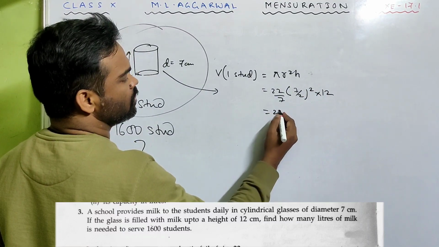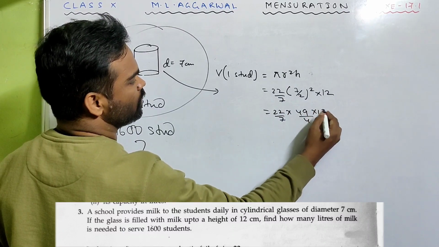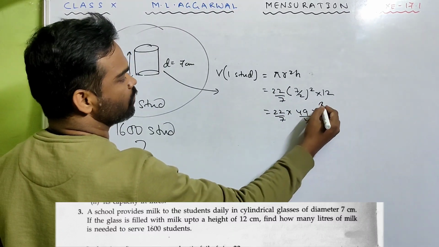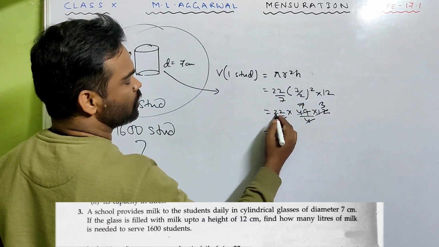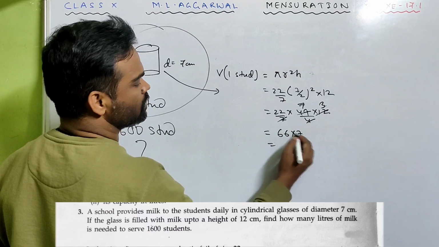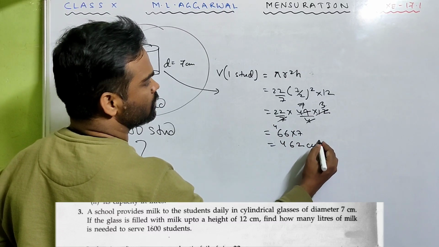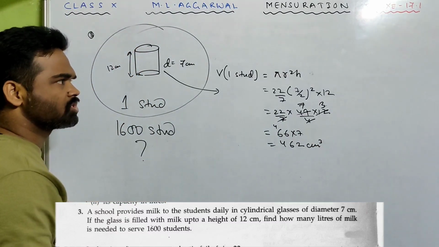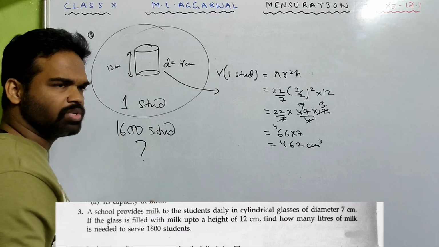Look carefully. 22 by 7 into 7 square is 49 by 4 into 12. 4 threes are 12, 7 sevens are 49. That's 22 into 3 is 66 into 7, which is 462 centimeter cube. That's the volume of the milk consumed by one student.